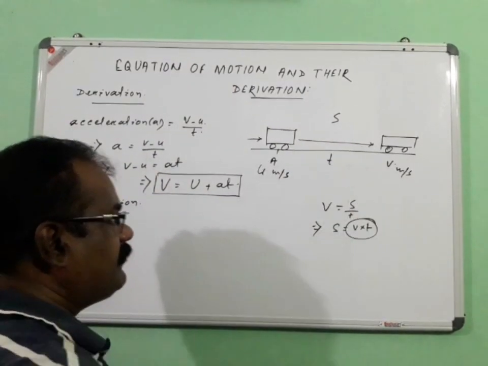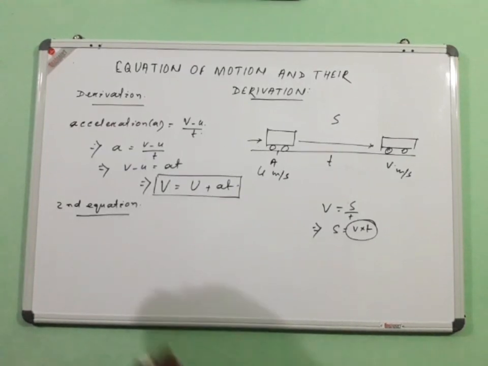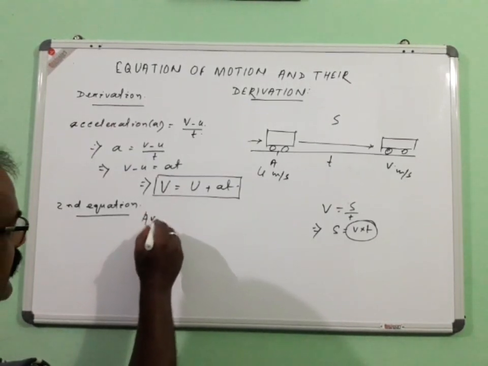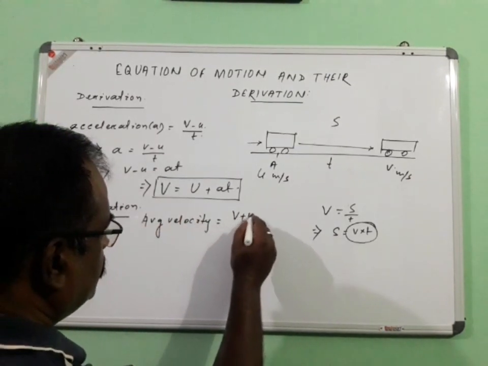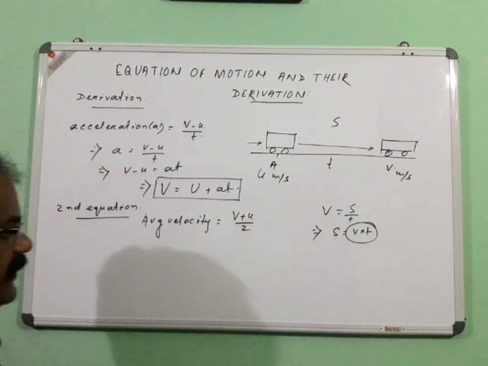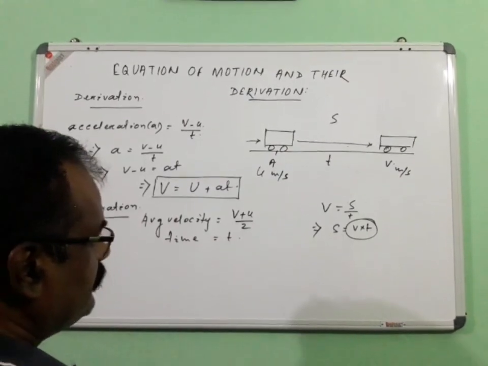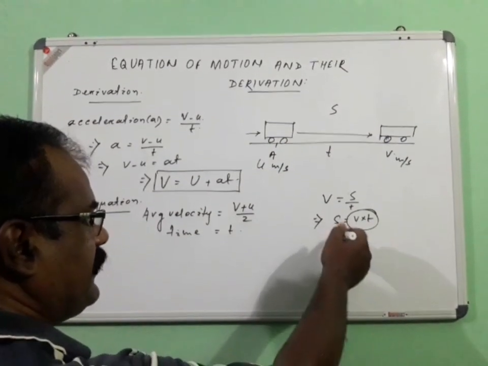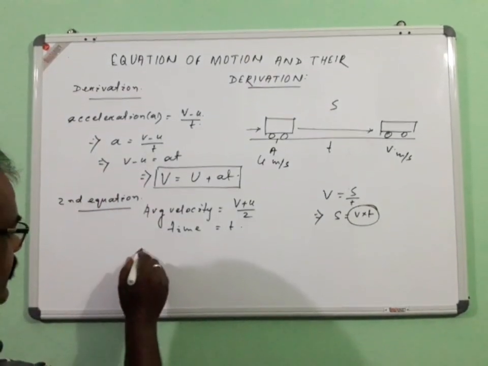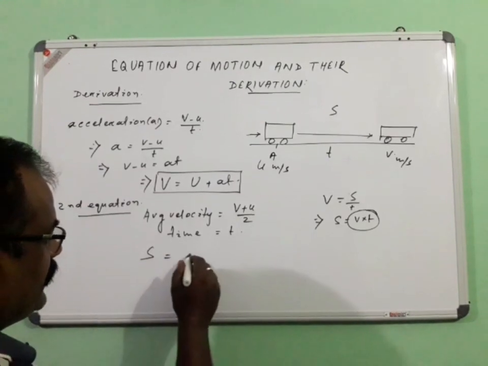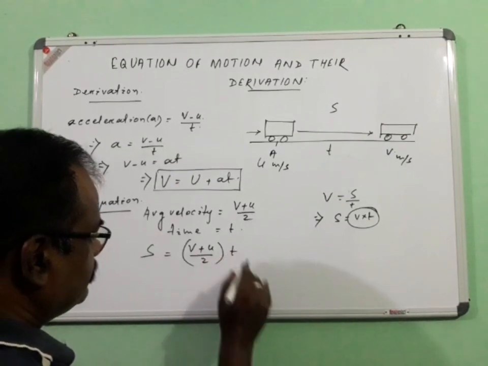Whenever a body moves with variable velocity, with initial velocity u and final velocity v, we can get the average velocity, which is (v + u)/2. If the time taken is t, then similarly the displacement covered s is equal to the average velocity (v + u)/2 multiplied by t.